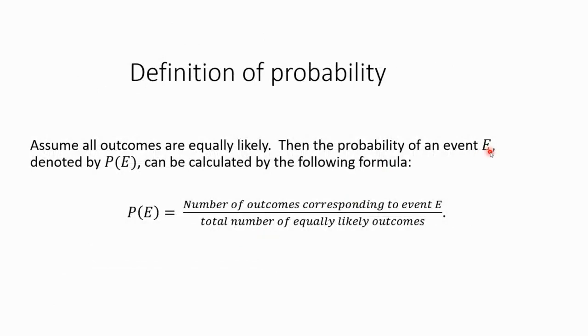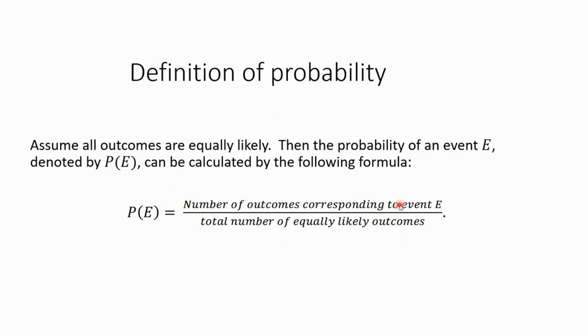For any event E, then, we denote the probability of event E by P of E. And the probability is the number of outcomes corresponding to event E divided by the total number of equally likely outcomes. Remember, an event is a collection of outcomes, right?